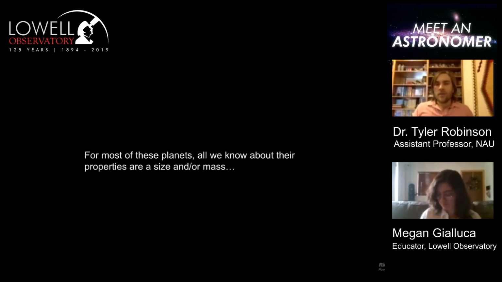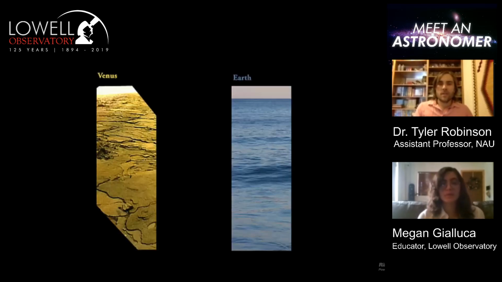And so as I've kind of alluded to, for all of these planets, we either know something about their size, we know something about their mass, maybe we know both the size and the mass, but that's really all we know about these potentially Earth-like planets around stars. And our own solar system gives us kind of a warning message for interpreting worlds just based on their size and their mass.